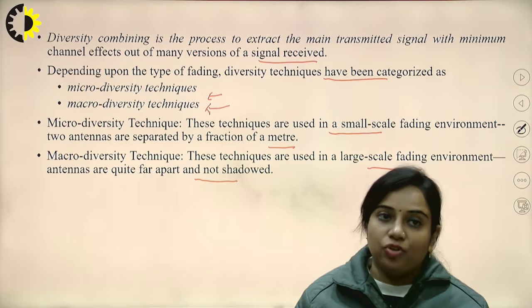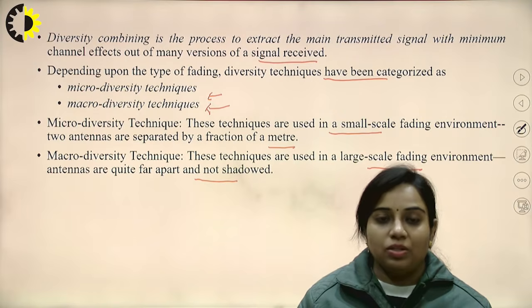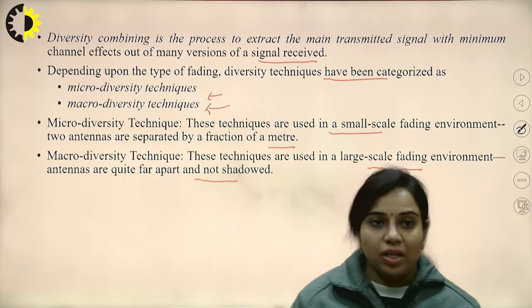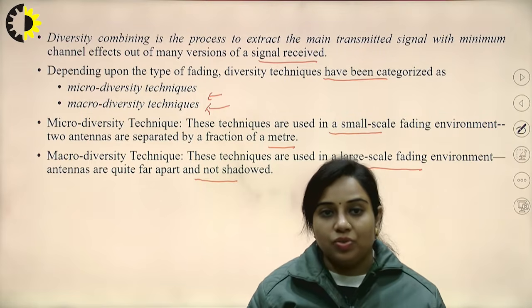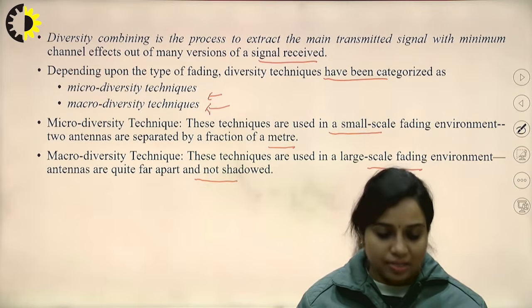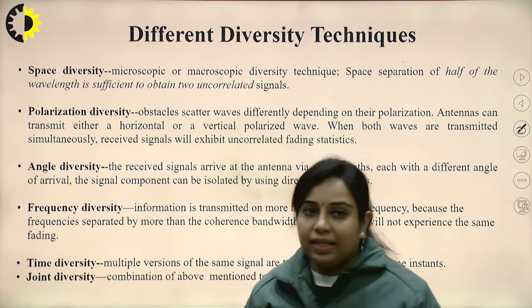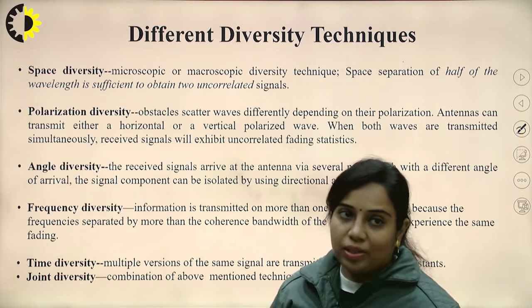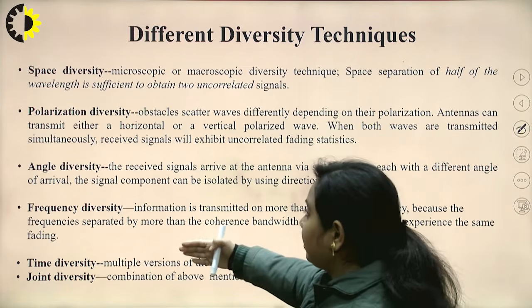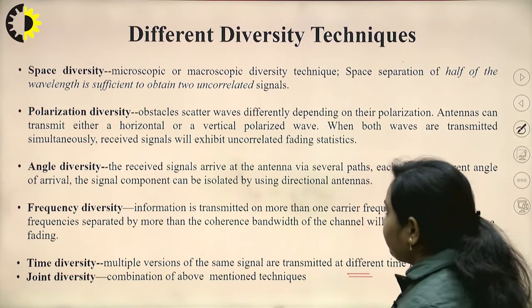So in micro diversity, the distance between the transmitter and receiver is in terms of meters, that is quite small, and it is used in small scale fading, while in macro diversity the distance between the transmitter and receiver is quite large and it is used for large scale fading conditions. Now, this slide shows the different diversity techniques that are possible. The first one is space diversity.